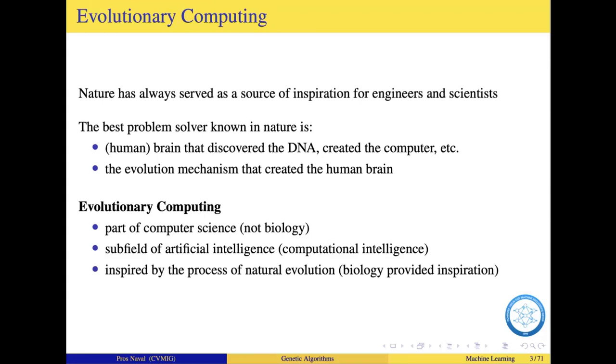Evolutionary computing or evolutionary computation is part of computer science. It's not biology. It's a subfield of AI within computational intelligence. So evolutionary computation is one of the subfields of computational intelligence. It is inspired by the process of natural evolution.